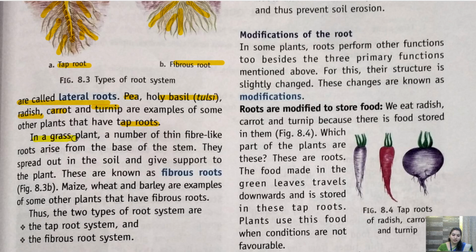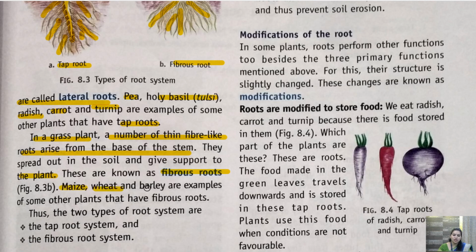Now, in a grass plant, a number of thin fiber-like roots arise from the base of the stem. They spread out in the soil and give support to the plant. These are known as fibrous roots. What are the examples?